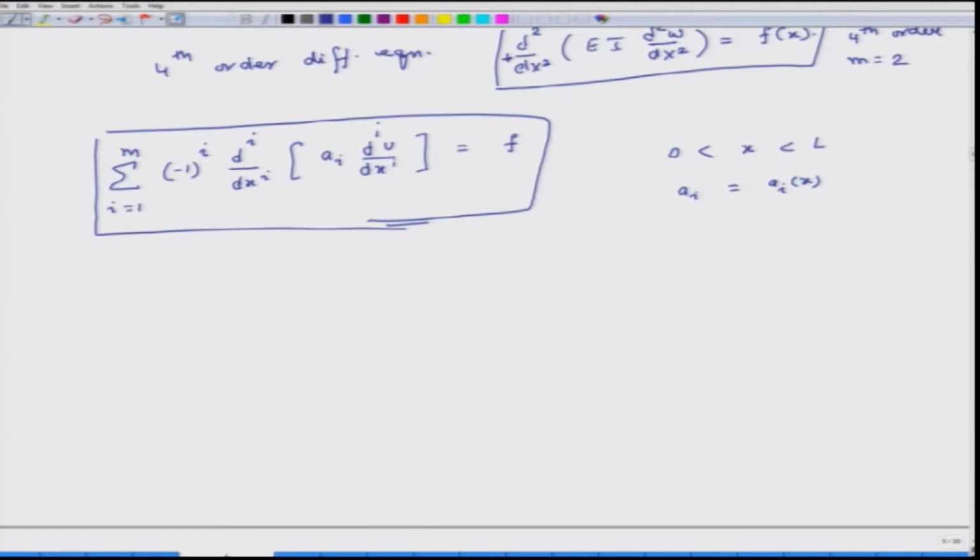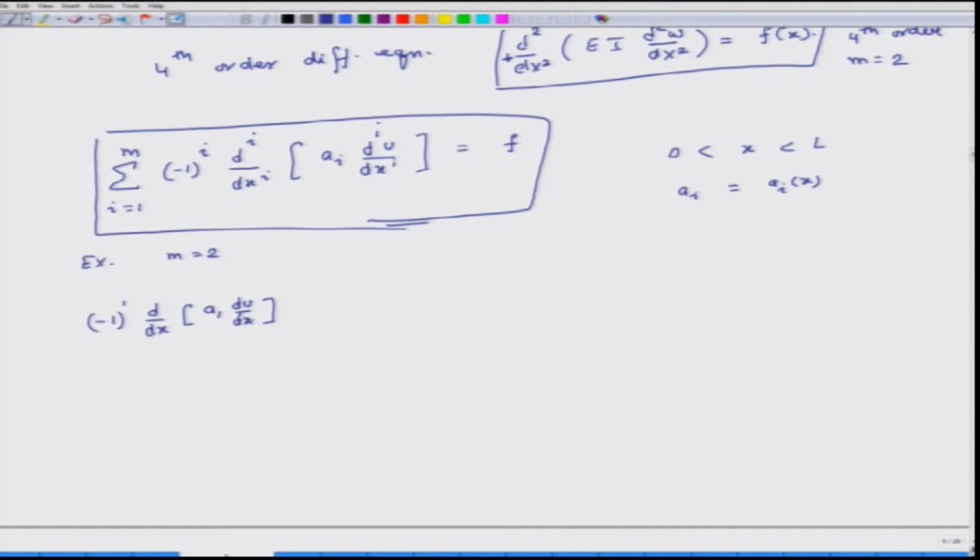Now, we will do an example. Let us say that m is equal to 2. So, if m is equal to 2, then the left hand side will have how many parts? It will have 2 parts, right. So, when m is equal to 2, my first term is minus 1 to the power of 1, d over dx, a1 du over dx.